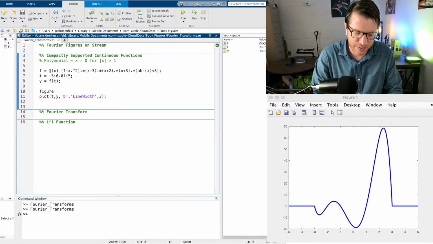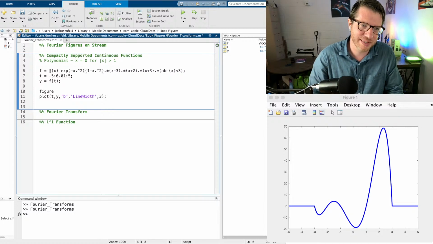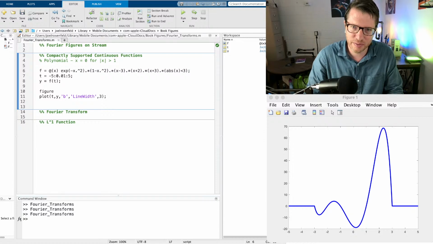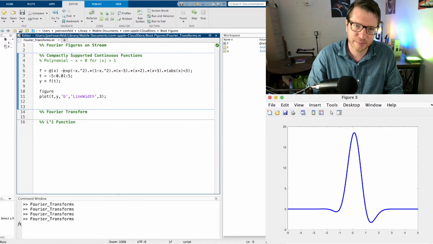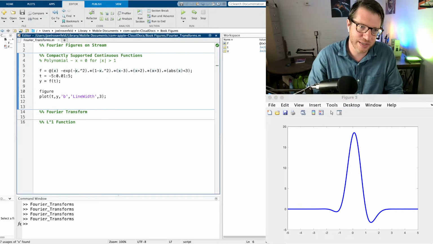I'm gonna multiply it by a Gaussian, exponential of 1 of negative x dot squared times this. Let's see. So I'll squish it down pretty quick. Boop. Okay, let's put a minus sign on that. Good. Now let's make it so the Gaussian doesn't crash so fast.